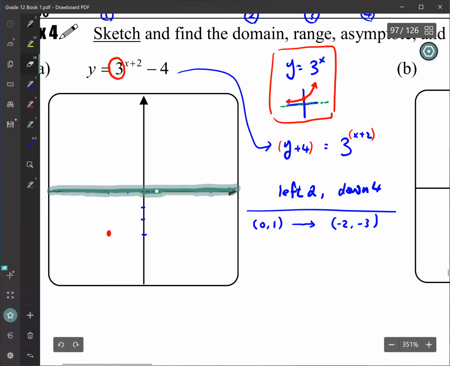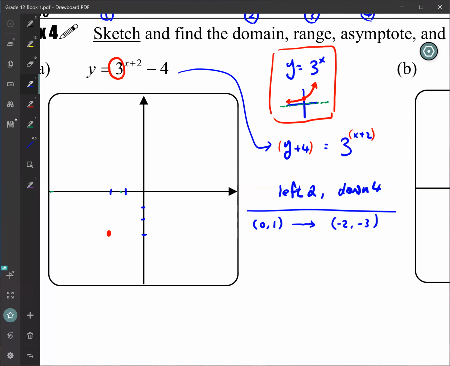Okay, so let's erase all the green dots. Okay, so we need to move the whole green line down by 4. 1, 2, 3, 4. So it will be at -4 there, and then we draw the line.